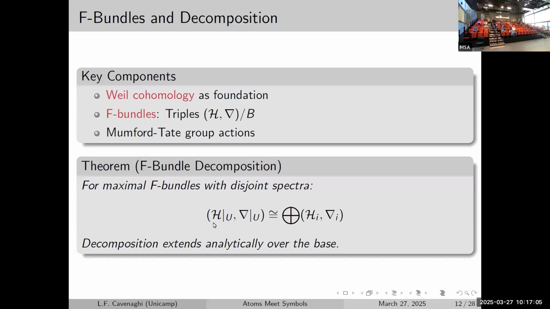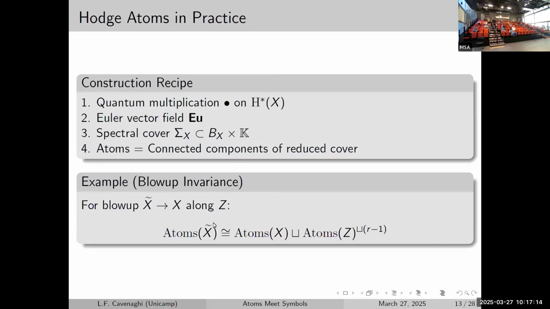These are not their characterization, they're a formalism to understand something that is deeper. And this is how you do it in practice: you pick some projective variety, you have quantum multiplication, you have the eigenvector field, the spectral cover, and the atoms are the connected components.